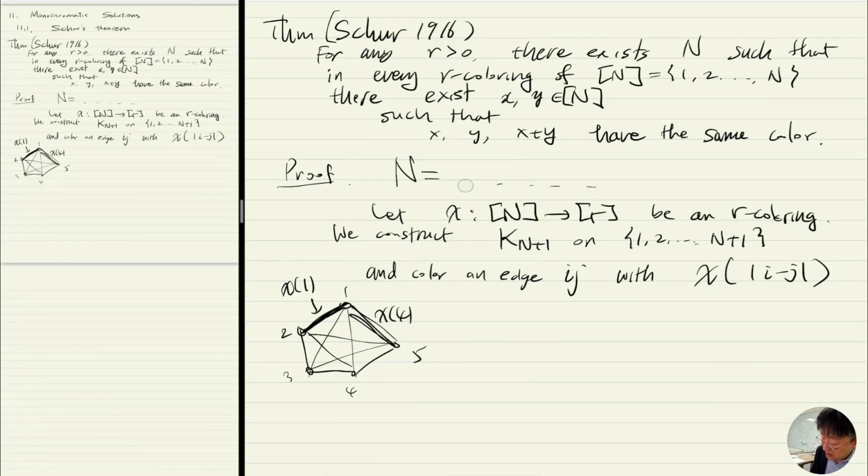So let N plus 1 be equal to the Ramsey number, for r colors, of a triangle.